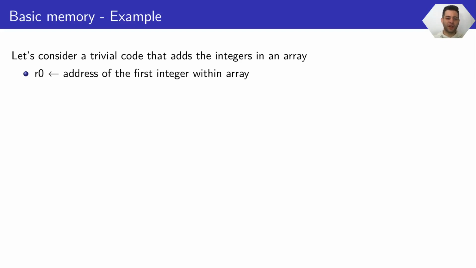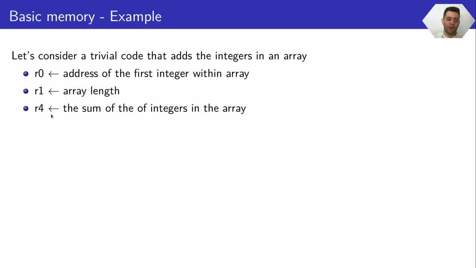Let's see such instructions in action with a very simple example that adds all the integers within an array. We start with R0 that contains the address of the first integer within the array. R1 contains the array length, and R4 will contain the sum of all the integers in the array.